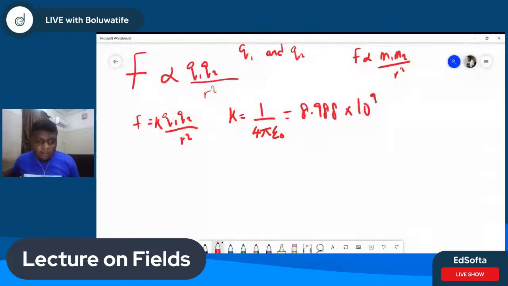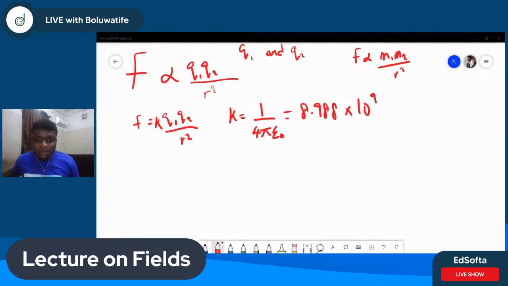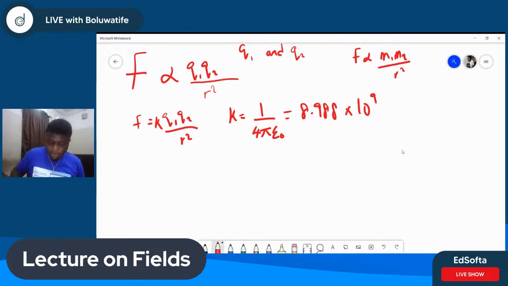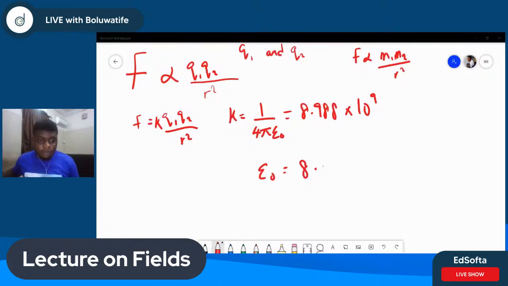Then for epsilon zero, which you might not really need but just for knowing's sake, epsilon zero is 8.854 times 10 raised to the power minus 12.